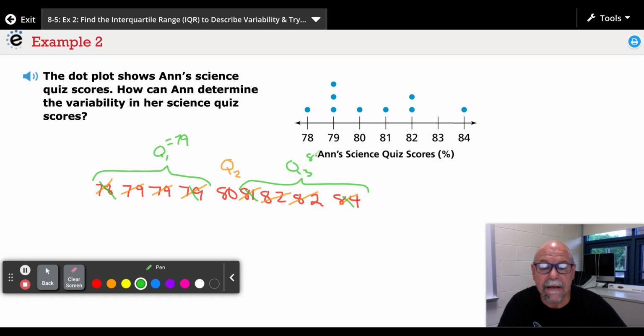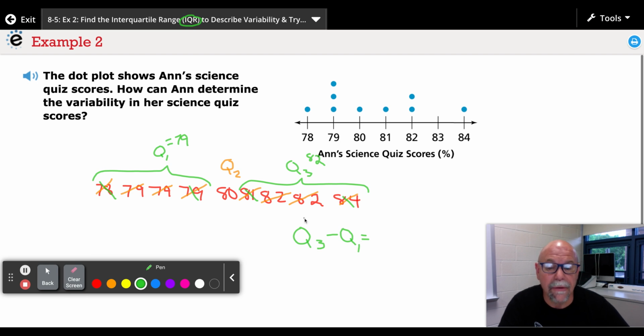So Q3 is 82. The interquartile range, the IQR, as they say up here, is you take Q3 and you subtract Q1, and that'll give you what we call the IQR. So Q3 is 82, and Q1 is 79.